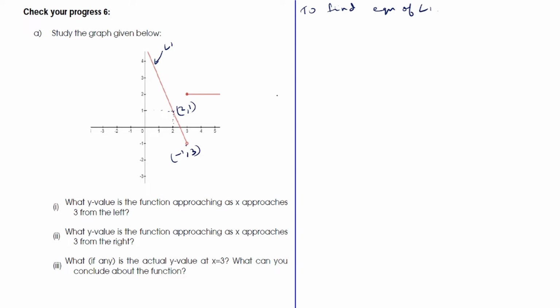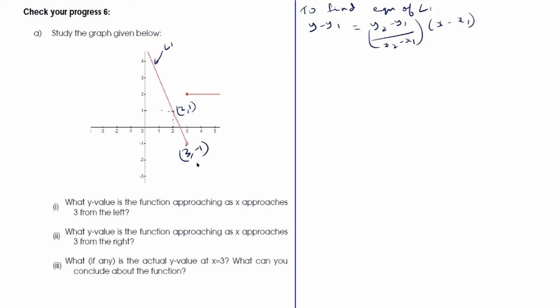Now when we have 2 points, we can find the equation of the line as y minus y1 equal to y2 minus y1 upon x2 minus x1, which is the slope of the line, into x minus x1. So we have x1 y1 as 3 comma minus 1 and x2 y2 as 2 comma 1.